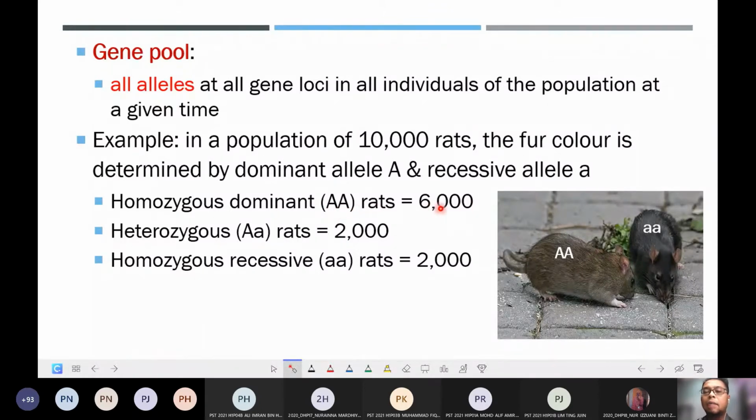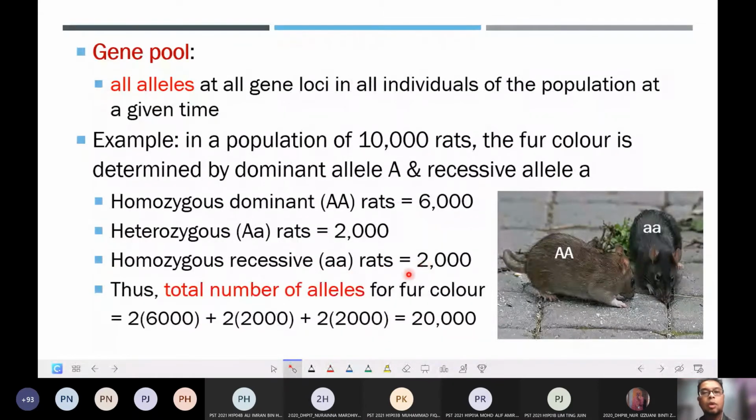Banyak ni, 6,000 ekor. Okay, and there will also be heterozygous rats, in which the genotype will be capital A and small letter a. And from these 10,000 rats, 2,000 will be heterozygous individuals, and another 2,000 will be the homozygous recessive rats, in which the genotype will be small a small a.